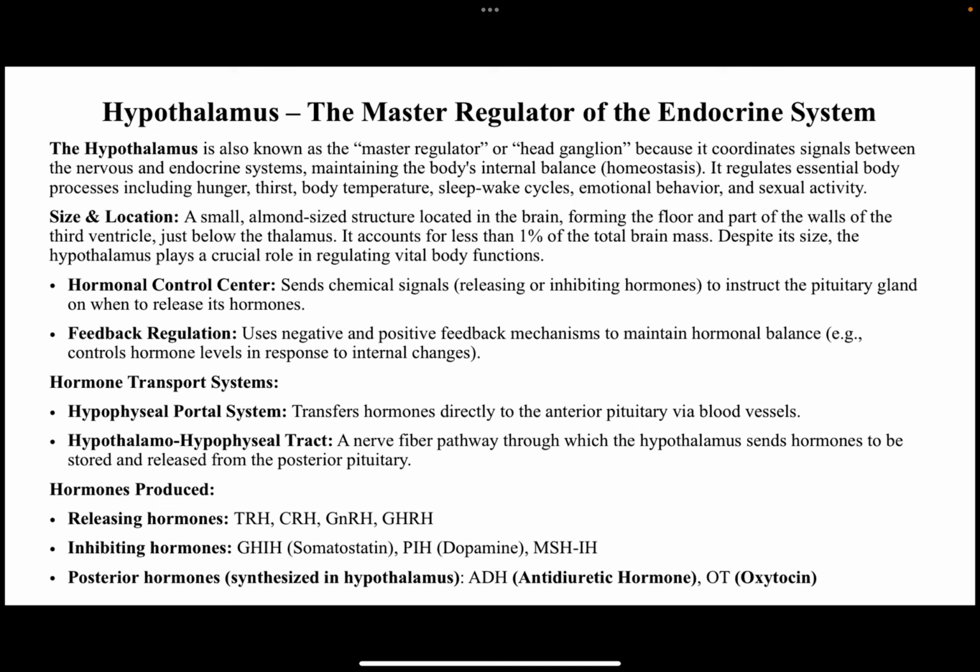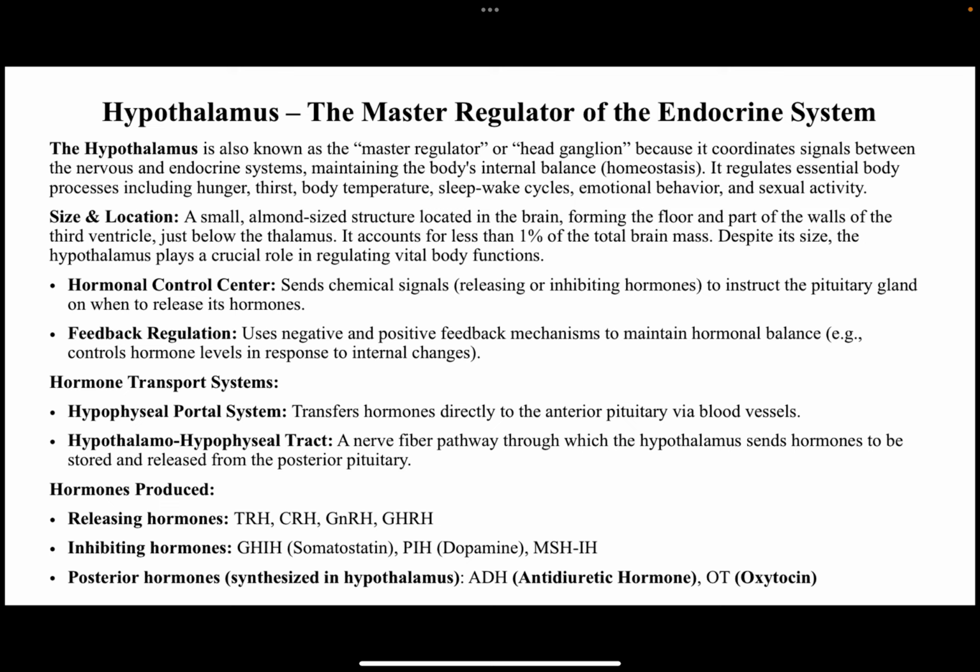Or you can call it the neurohypophyseal system, because the hypothalamus connects to the posterior pituitary using a nerve fiber. Now remember that the hypothalamus in itself produces hormones. The pituitary gland has two parts: the anterior pituitary gland and the posterior pituitary gland.